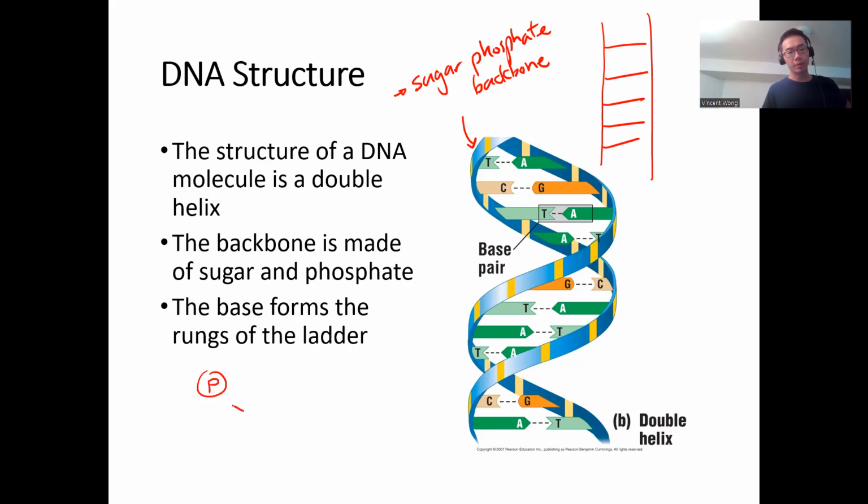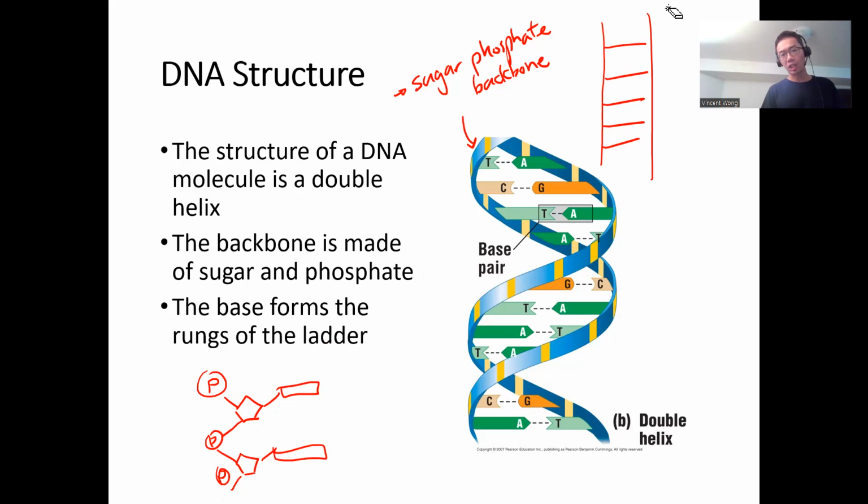I don't know if you remember, I drew that earlier, with the hexagon, and then you have the base sticking out, and that's going to connect to another phosphate and another sugar, and then another phosphate and another sugar, right? So the backbone is just alternating sugar, phosphate, sugar, phosphate, sugar, phosphate. That's why it's called the sugar phosphate backbone.